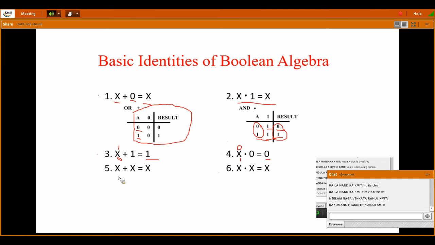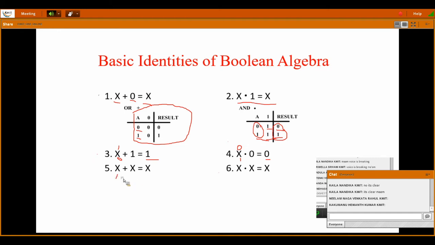And the fifth identity is x plus x is equal to x, meaning two variables if they are ORed, OR gate. Any two same variables if they are ORed, the output will be the variable itself. Since there are two inputs x and x, I'll check whether it is the same.